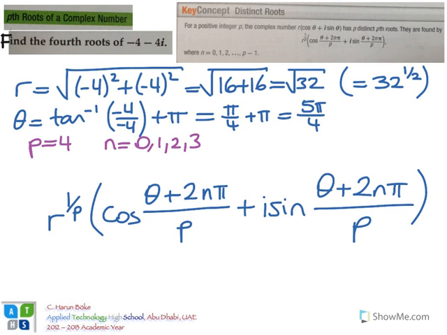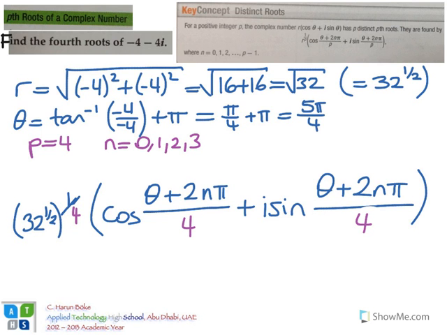Now, in this formula, we will substitute p to be 4. So let's do the substitutions. It will be 1 over 4 here, divided by 4 in these cases. Our r is square root of 32. Now we can write this as 32 to the power 1 over 2 to the power 1 over 4 actually.